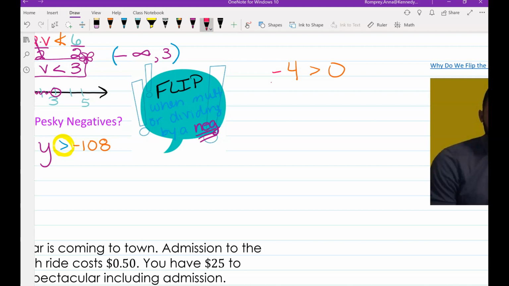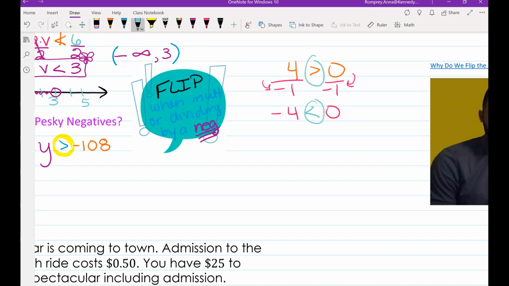So if we divided each side by a -1, we would get 4 is greater than 0. Is that a true statement? No. So the only way when we're dividing by a negative, same thing would apply with multiplying, is to flip the sign. Is -4 less than 0?